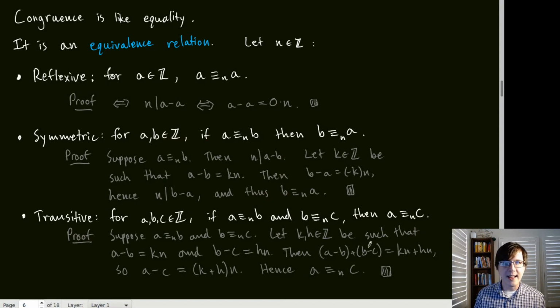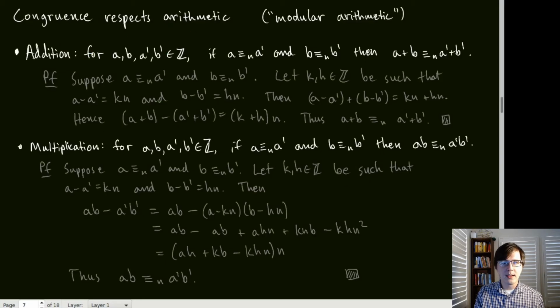The B's cancel out. That's the nice thing here. So we get A minus C is equal to k plus h times n. So n divides A minus C, and so A is congruent to C mod n. Great, it's an equivalence relation, so it behaves like equality.